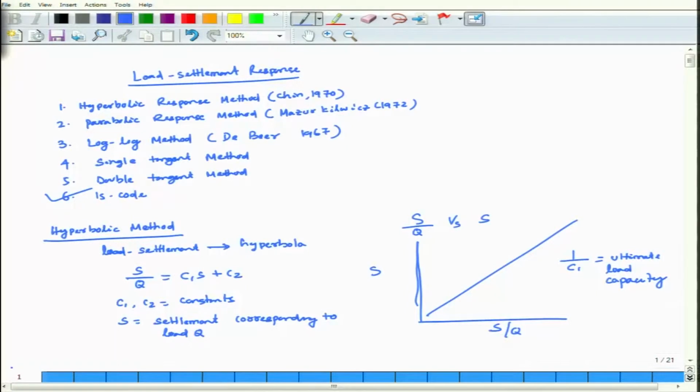If you are getting a load settlement response, then what you are supposed to use: one is your hyperbolic response method, second is your parabolic response method, third is your log-log method, fourth is your single tangent method, fifth is your double tangent method, sixth is your IS code.